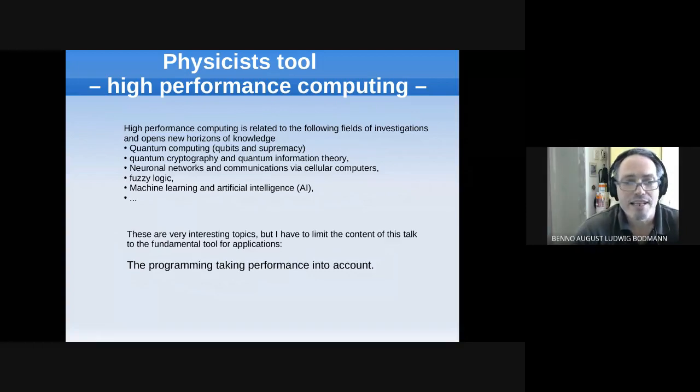These topics don't end. Everything is related somehow with computation. These are very interesting topics, but I have to limit the content of this talk to the fundamental tool for applications. So I will focus more on the question of programming taking performance into account.